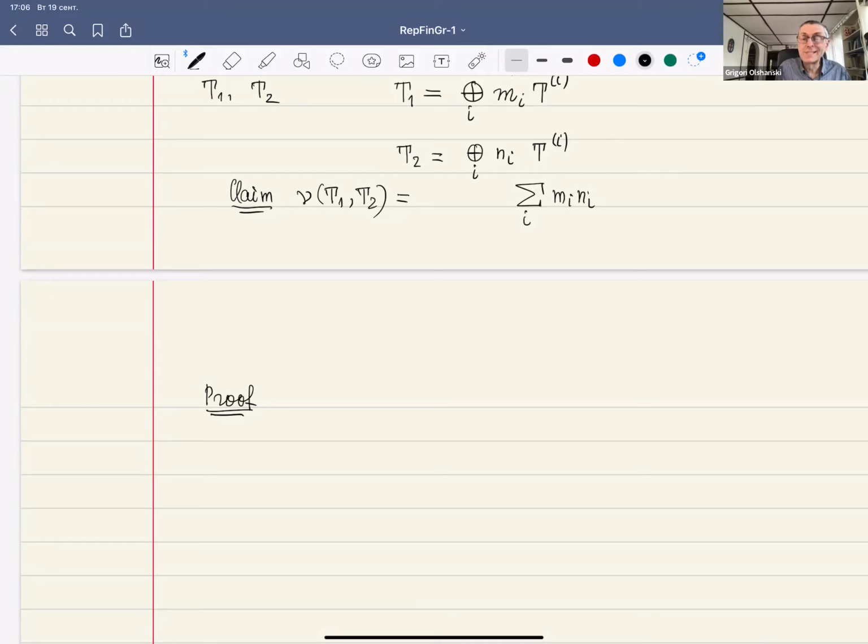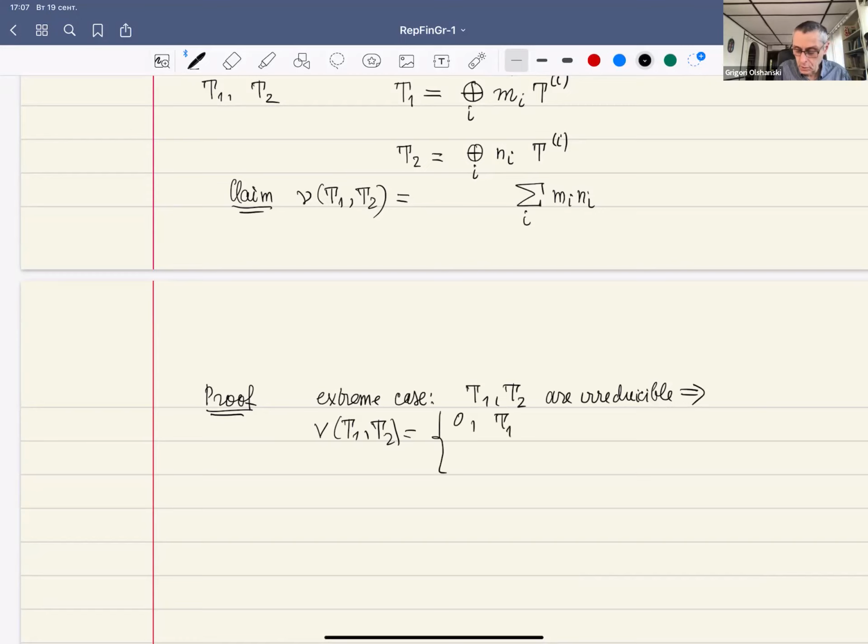You have some extreme cases. Extreme case: T1, T2 are irreducible. Then the intertwining number is either 0 if they are not equivalent, or 1 if they are equivalent.